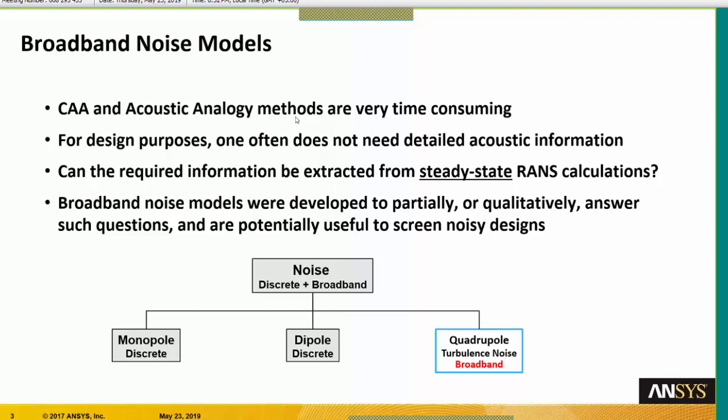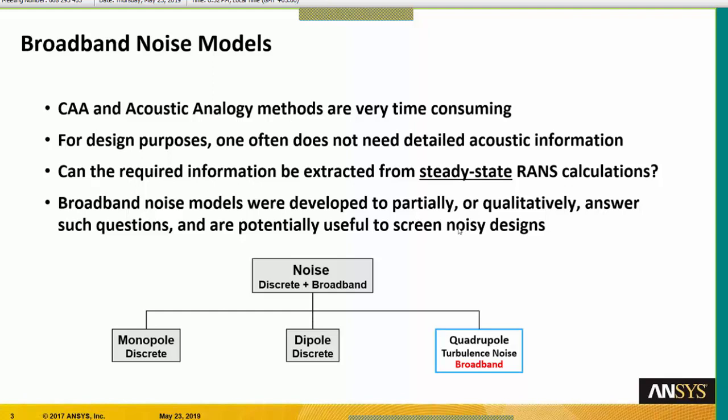Not always, and sometimes it can be interesting to have some qualitative information about acoustics from steady state calculations. This qualitative information usually refers to the broadband noise contribution of the flow. And the idea is, for example, to compare different noisy designs.